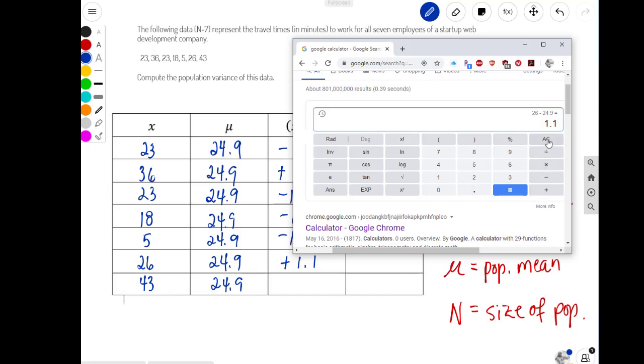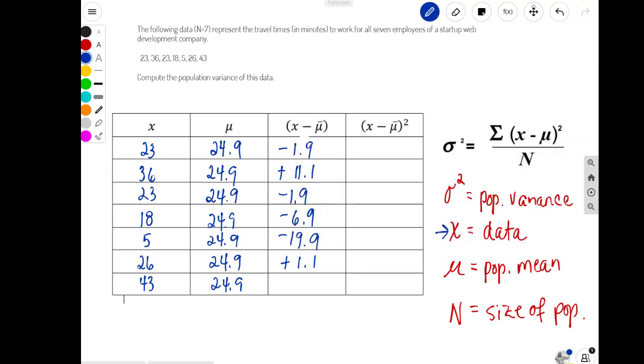So 43 minus 24.9, positive 18.1. Here we have the differences between each piece of data and the population mean.